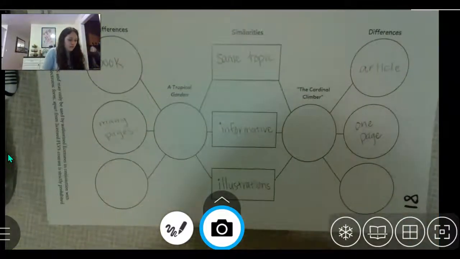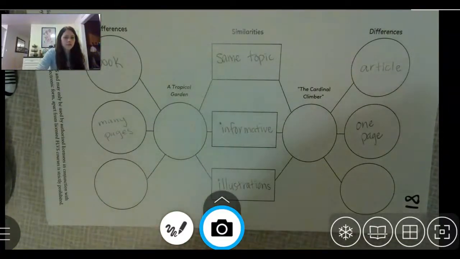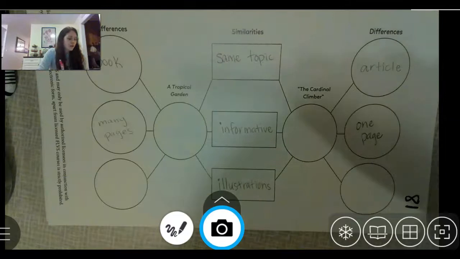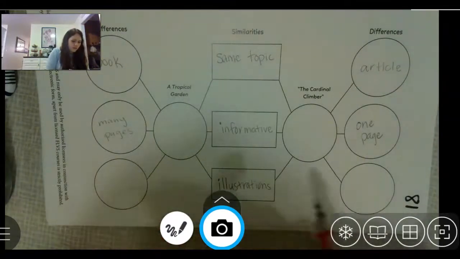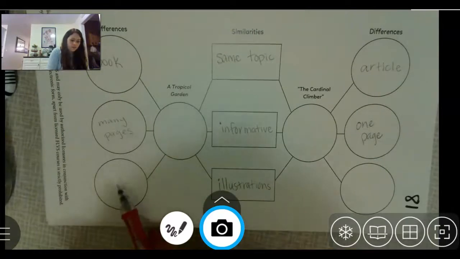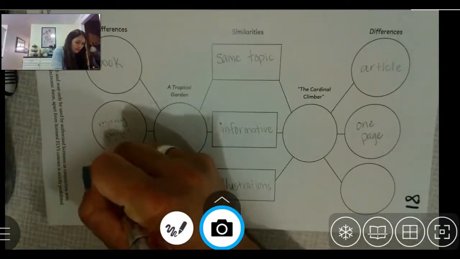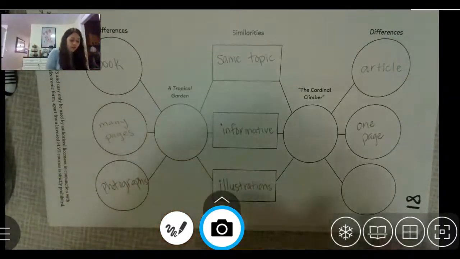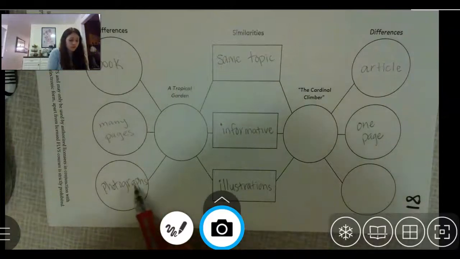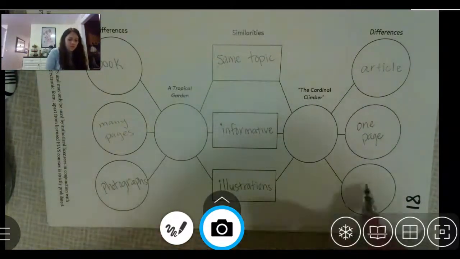Now, I want you to think for a second about what we could put in that last circle. One thing that I noticed is that the book has photographs and the article does not. It only has illustrations. Now the book has some illustrations and photographs, but the article does not have photographs.